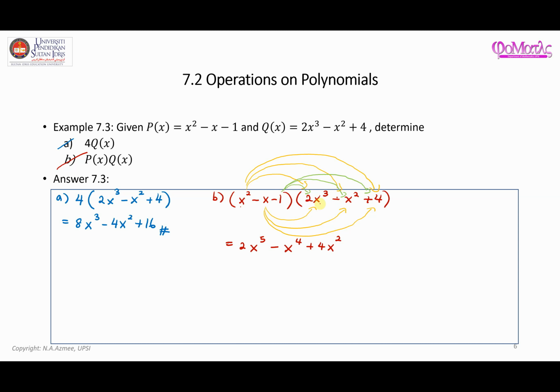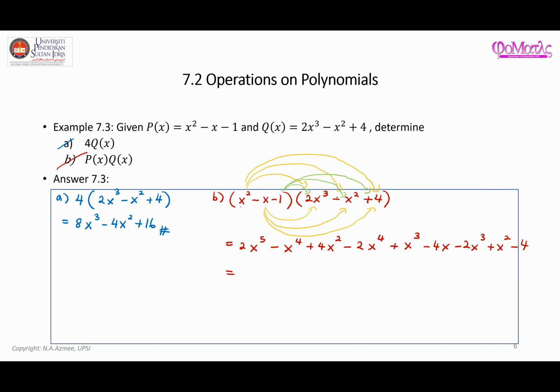Next, negative x times 2x cubed is negative 2x to the power of 4, negative x times negative x squared is positive x cubed, and negative x times 4 is negative 4x. Then we have negative 1 times 2x cubed, which is negative 2x cubed, negative 1 times negative x squared, which is positive x squared, and negative 1 times 4, which is negative 4.